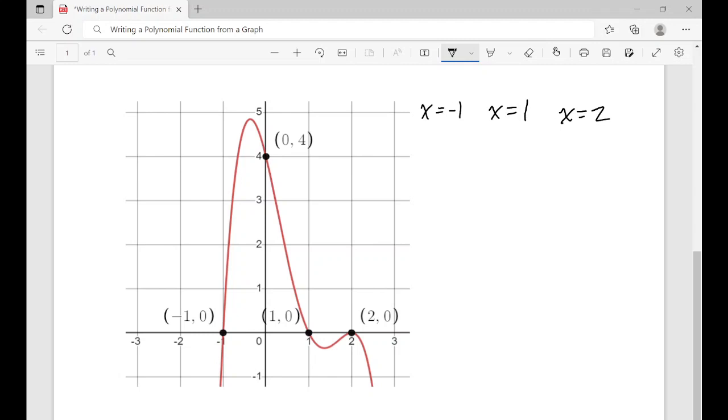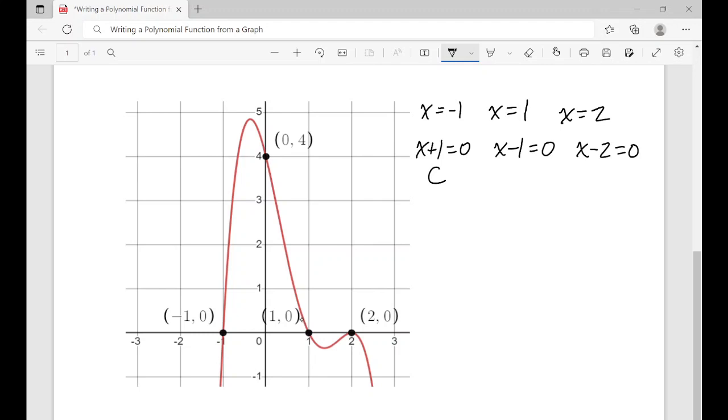So I have my zeros, so I'm going to move everything over to one side and set them equal to 0. So x plus 1 equals 0, x minus 1 equals 0, and x minus 2 equals 0. And now, again, I need to see what the multiplicities are. For -1, it's odd, so I'm going to say it crosses, so it's a 1.